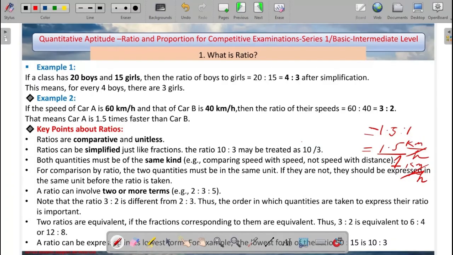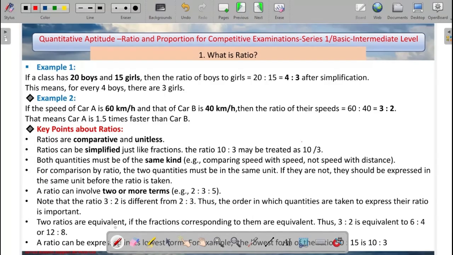It is not necessary that a ratio will be only two terms. It may be more than two also. Say 2 is to 3 is to 5. Note that the ratio 3 is to 2 is different from the ratio 2 is to 3. Thus, the order in which quantities are taken to express their ratio is important.